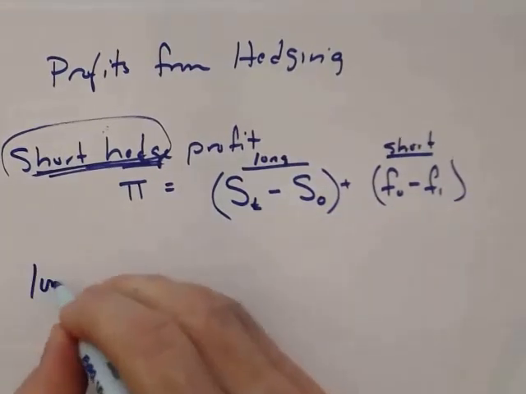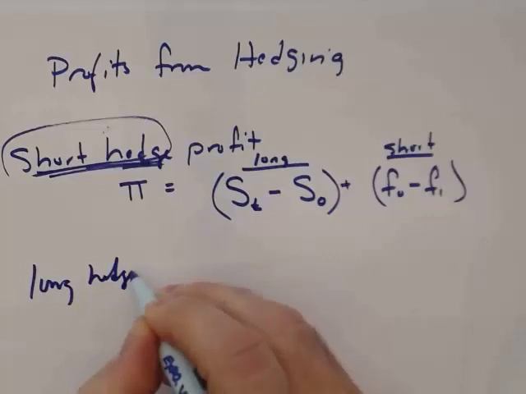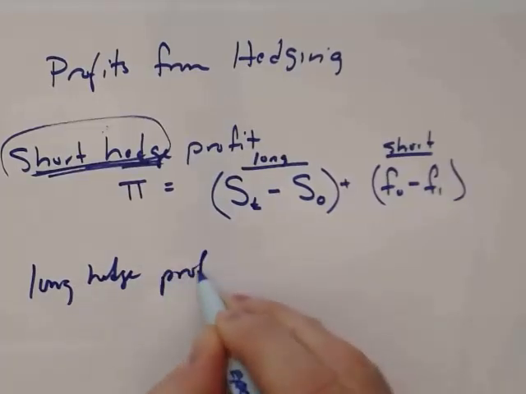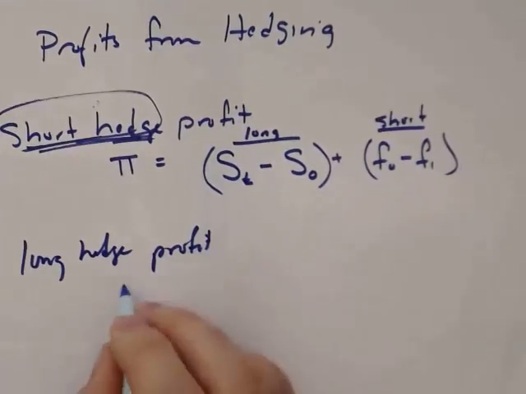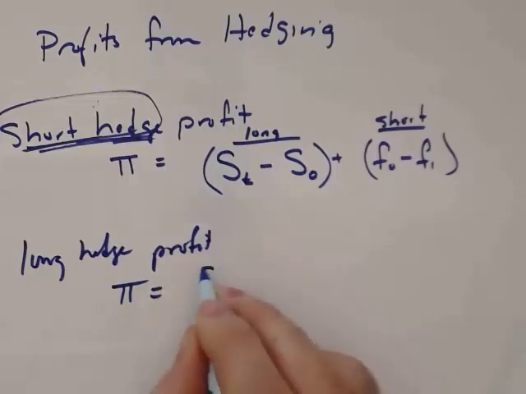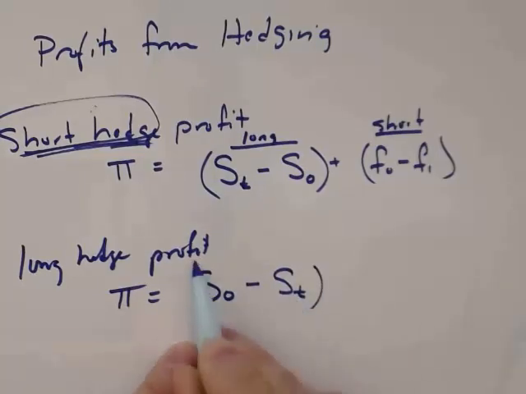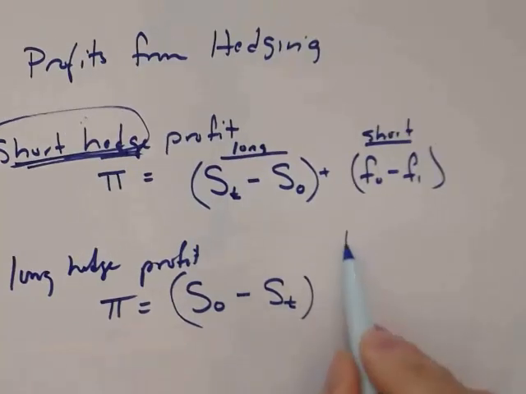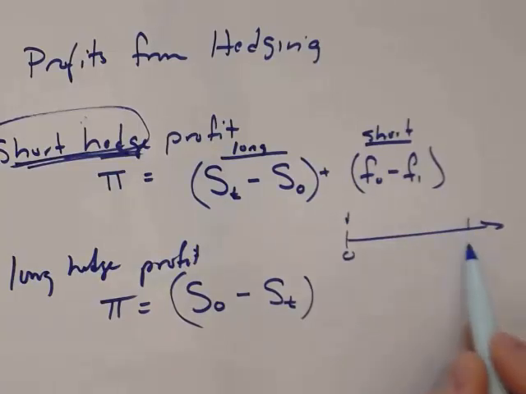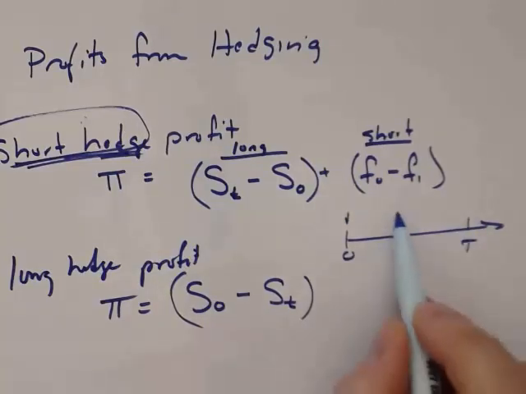Now a long hedge profit will equal the spot at the time you implement the futures position minus the spot at time t at a future point in time. So remember, you start off at time 0 when you put on the futures position, and then there's expiration, and then there's time t somewhere in between there.